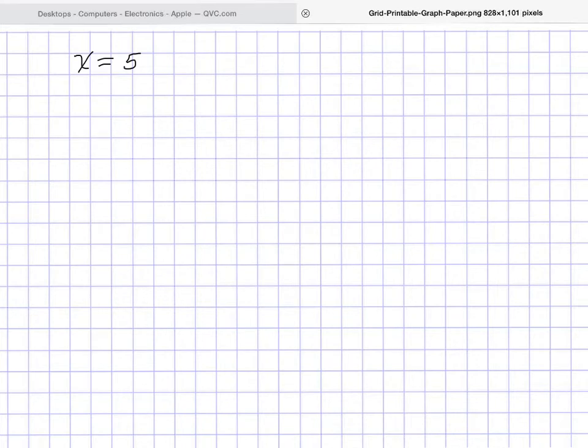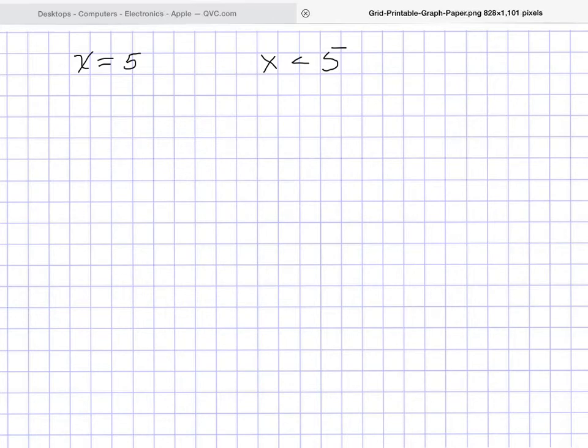But what if I'm working an inequality and I get x is less than 5? I solve an inequality and I get x is less than 5. Well, let me ask you this. How many numbers are there less than 5?